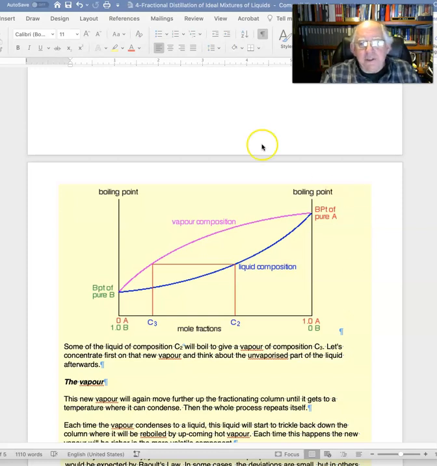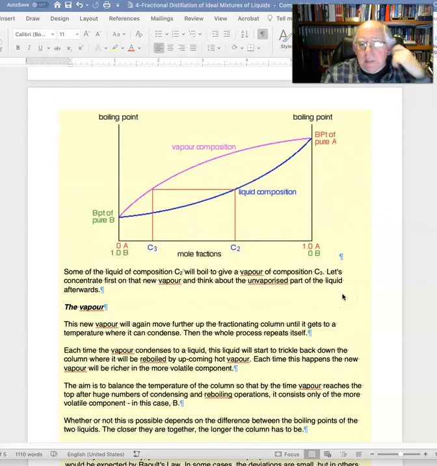I'll let you go ahead and read through here as it discusses the various compositions and what happens to the vapor, and how one can get the liquid to a point where the vapor above that liquid has a higher and higher concentration.